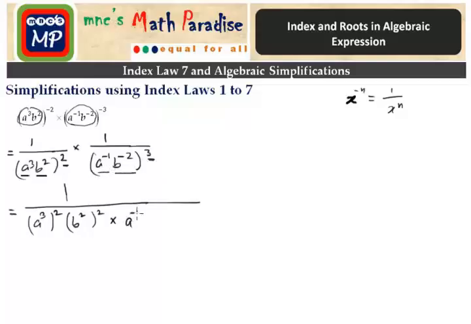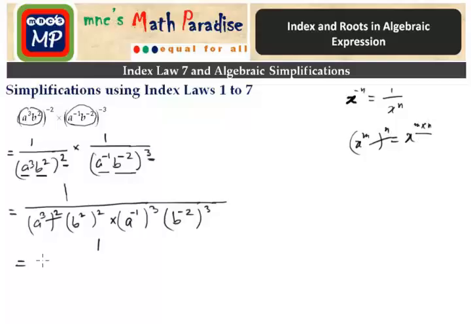So we will get a to the power -1 to the power 3, and b to the power -2 to the power 3. Now we know power on power, that means x to the power m to the power n is x to the power m times n. So power on power multiplies.